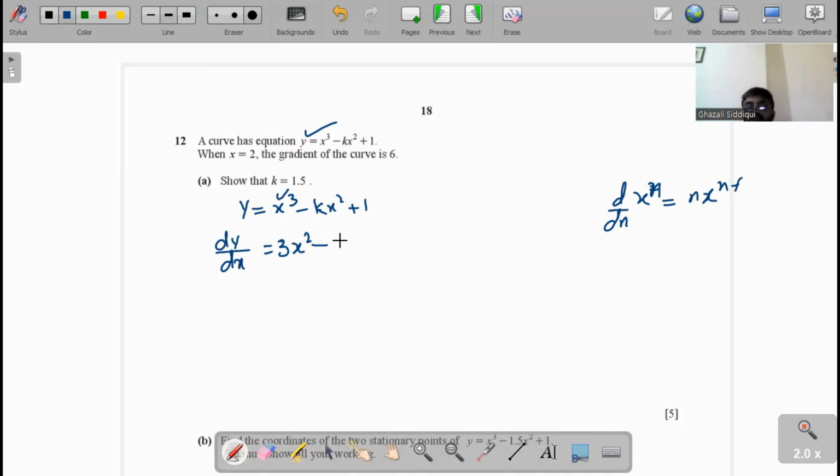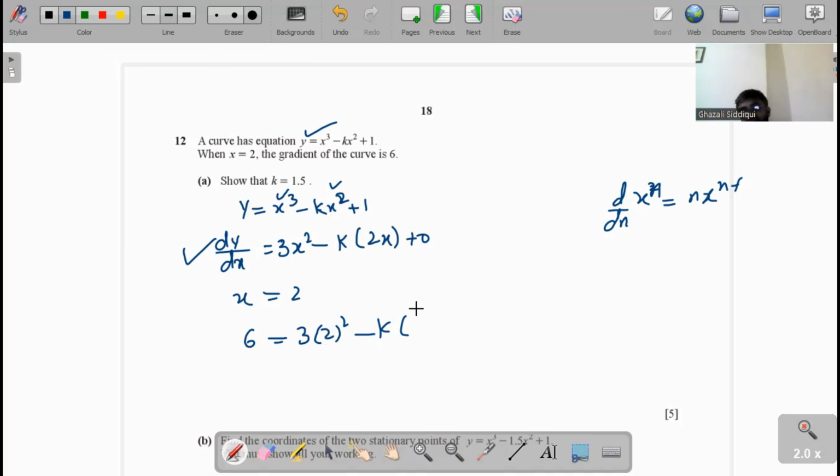Now next is minus k times the derivative of x squared, which is 2x, and plus 1 is 0. This is the gradient of the curve. This shows that the gradient of the curve at x equal to 2 is 6. Now we put x equal to 2. The gradient of the curve will be 6, and we put this value here.